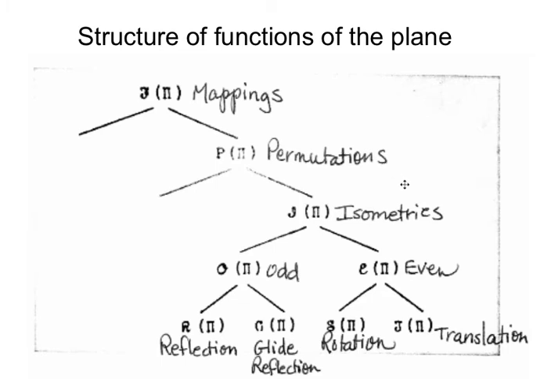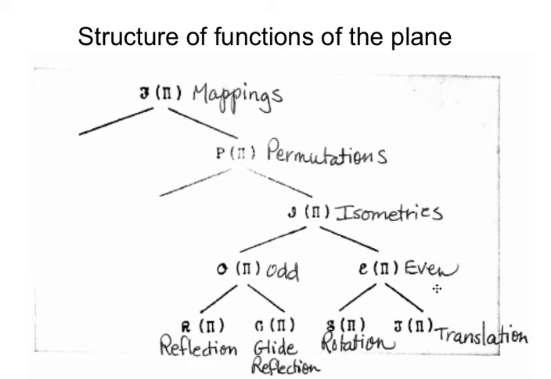And a subset of permutations are isometries. Those are the mappings that take one figure to congruent figures. Under isometries, I have odd isometries and even isometries. Even isometries are compositions of an even number of reflections. An odd isometry is the composition of an odd number of reflections.